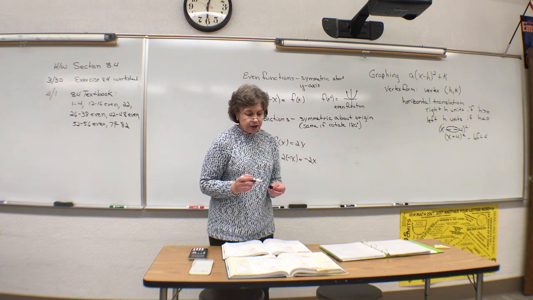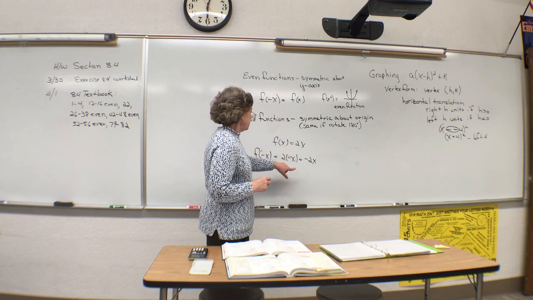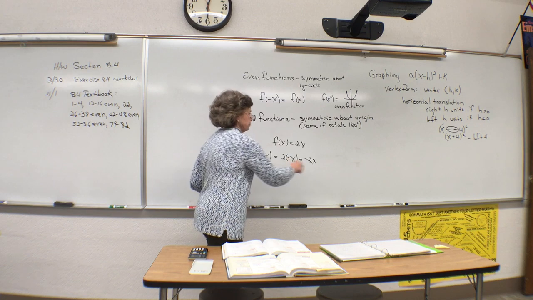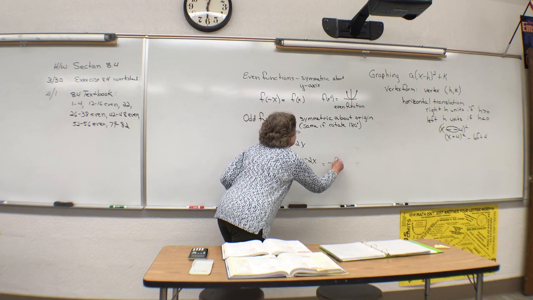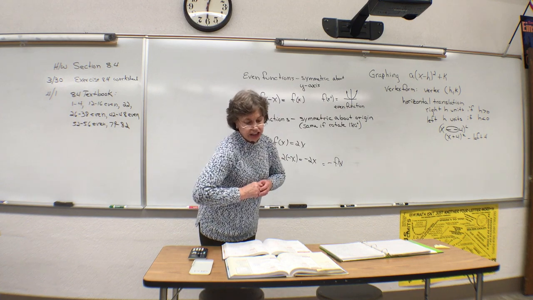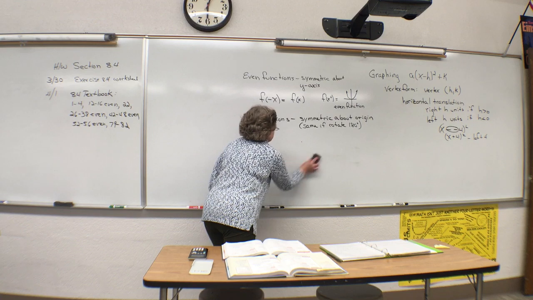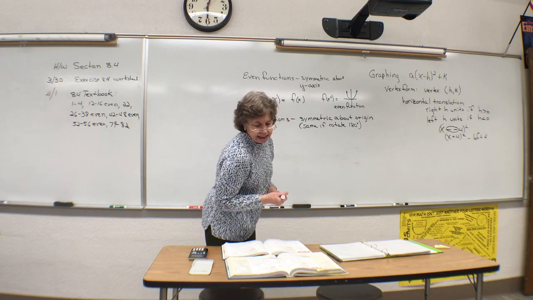So was that even or odd? There's what I started with, negative 2x, that would be negative f of x, and therefore that is an odd function.